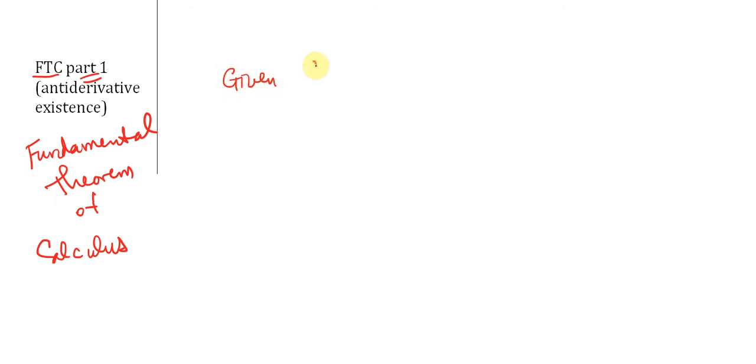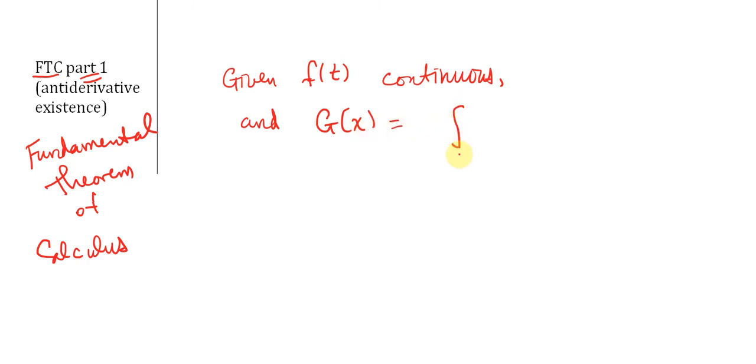Given a function little f of t that is continuous, and an area function, we'll call this big G of x, and that's equal to the integral from k to x of f of t dt. Okay, so just to be clear, k is a constant. It could be 0, it could be 1, it could be whatever.